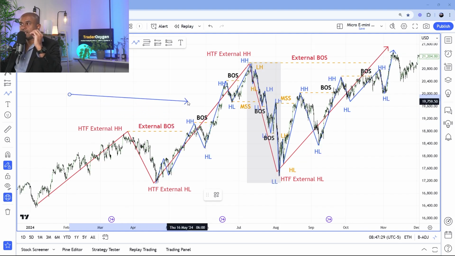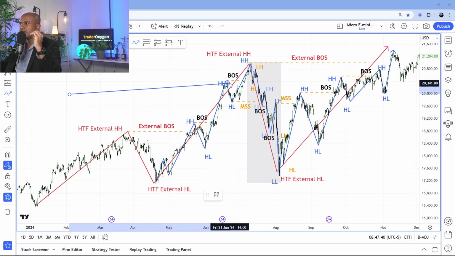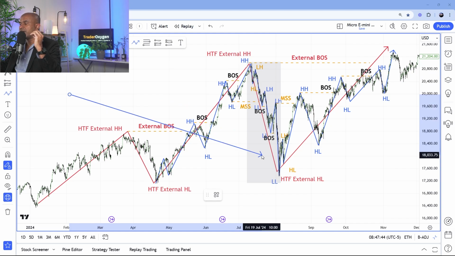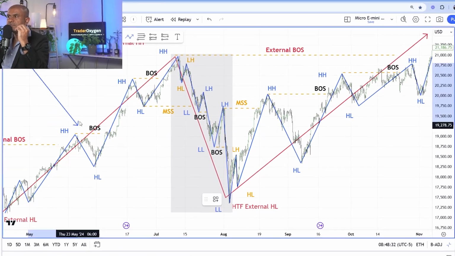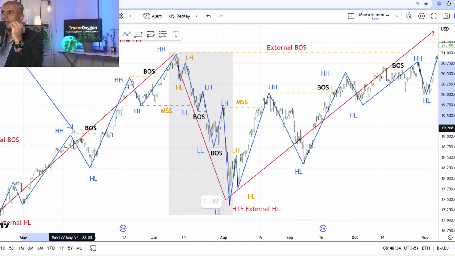Okay, so now we are in the 4 hour time frame, and I have plotted the 4 hour internal swing points in blue color lines, higher highs and higher lows during the uptrend leg of the daily and the downtrend leg of the daily. As you can see, during the daily uptrend leg, the 4 hour is making higher highs and higher lows and break of structures, which means during that time the 4 hour is in uptrend.